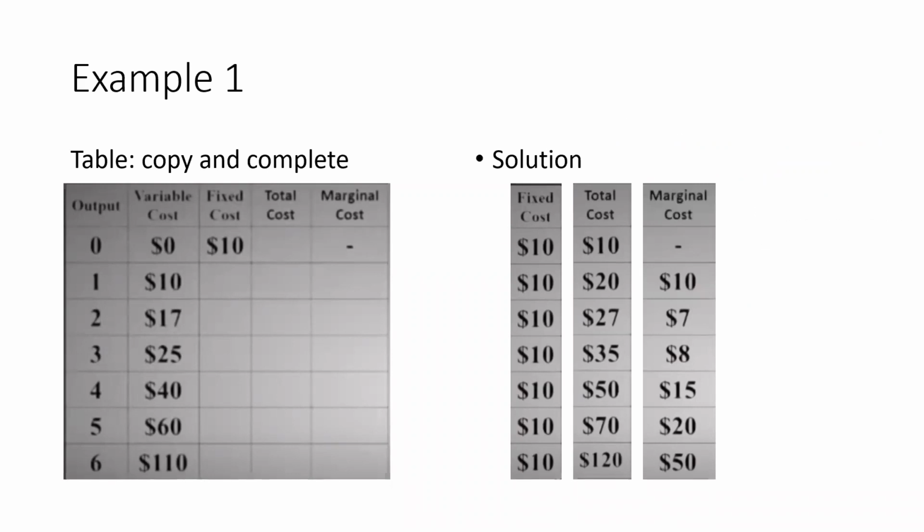So that's the basic concept of fixed cost, total cost, and marginal cost. So let's go on. We will now be looking at cost per unit. The cost per unit is what gives rise to your AVC, your ATC, and your AFC. That's average variable cost, average total cost, and average fixed cost.